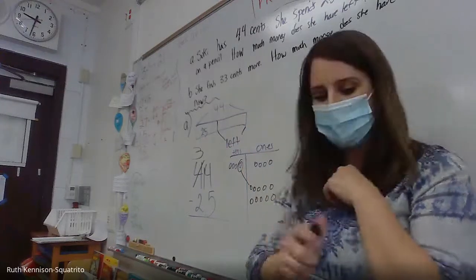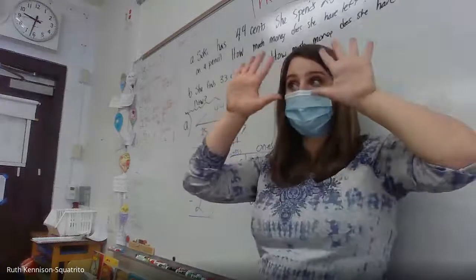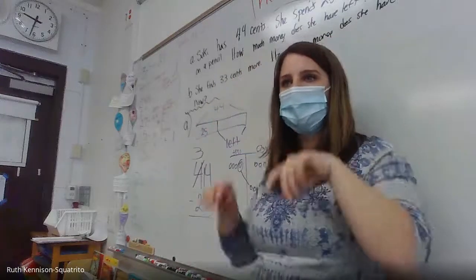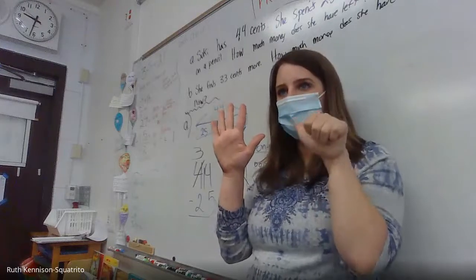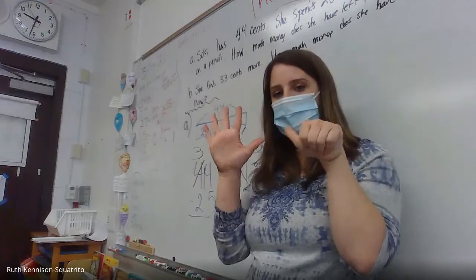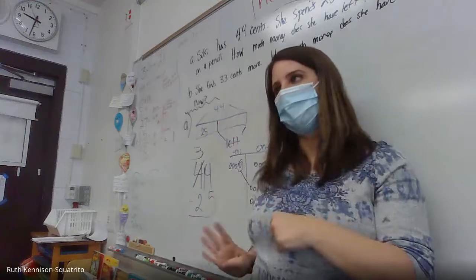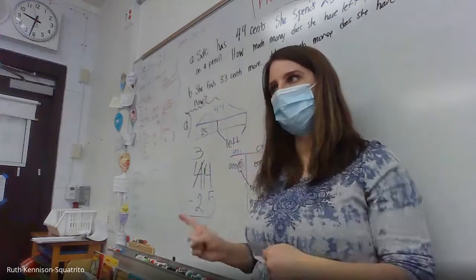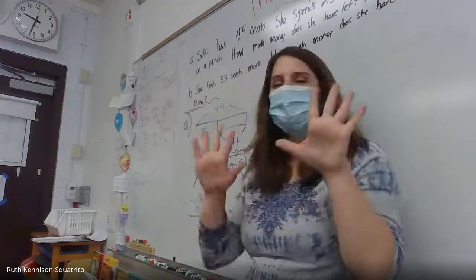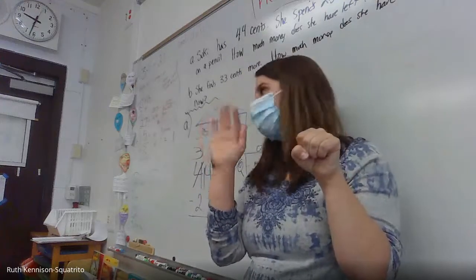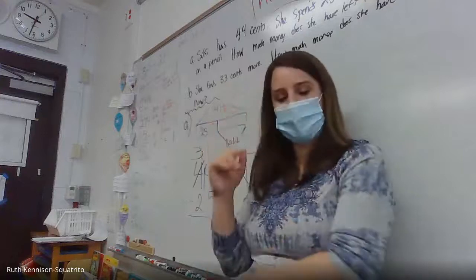Or you could say 14 is a group of 10 and 4 extra ones. 10 minus 5 is 5, and 4 more equals 9.